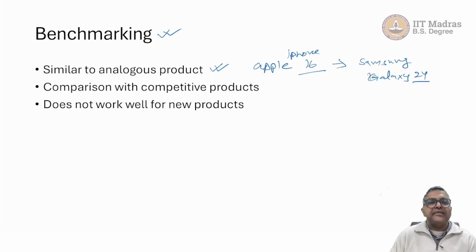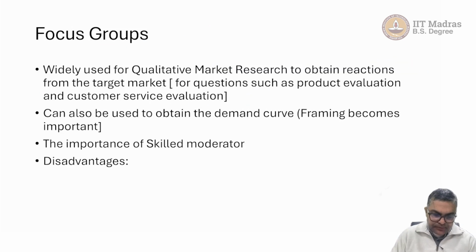So here comparison is done with a competitive product. It again does not work well for new products for which you do not have any reference product available in the market, but analogous product and benchmarking are very similar to one another.